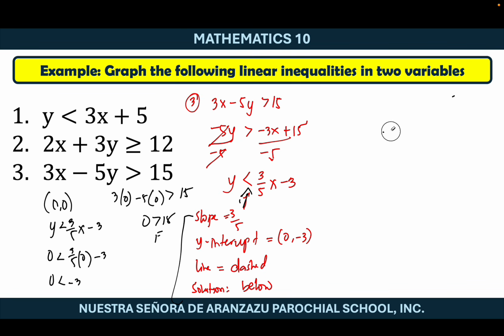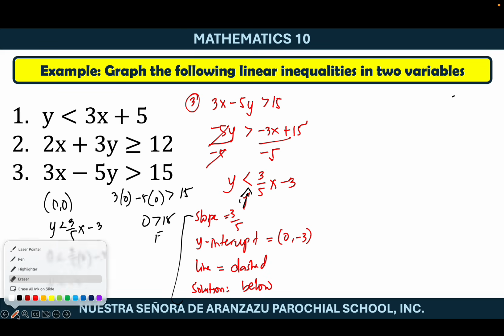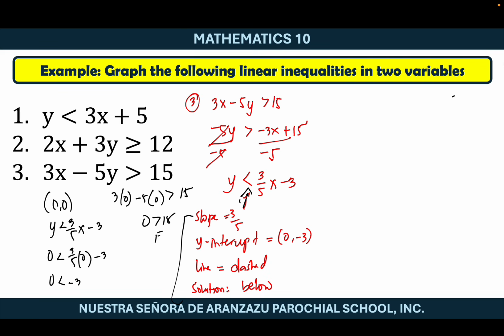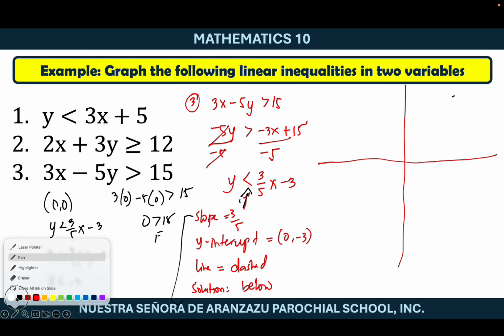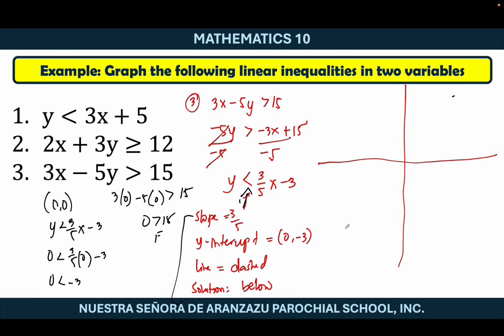Okay, wait lang. Let's check again itong part na to. 0, negative 3 is located in the y-intercept. So, ibig sabihin, sa y-axis dapat siya makikita. So, 0, negative 3, andito yun. Diba? Not this one. I'm sorry for that one.